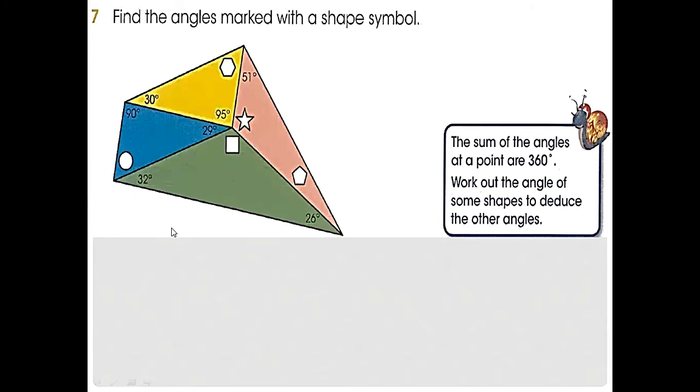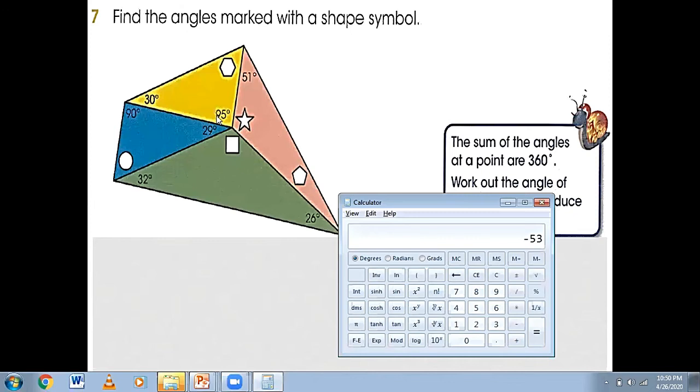Same as it is question number 7. Find the angle marked on a shape symbol. We are finding these angles. So if here is 95, here is 30, what is the missing angle? You must know the sum of the angles is 180, so 180 minus 95 minus 30. So the missing angle here is 55.